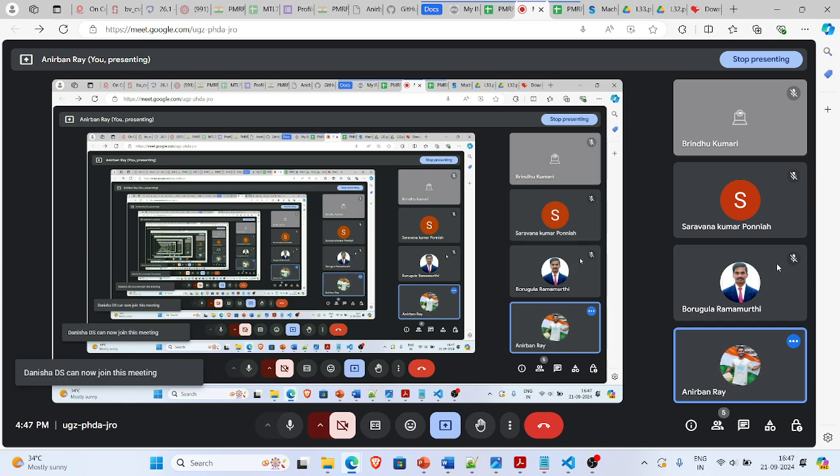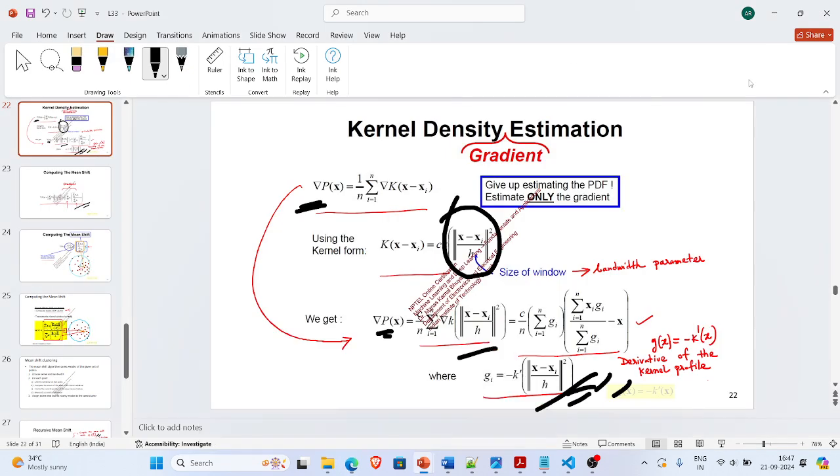Any doubt? Okay, let's continue. So this is the kernel we have.